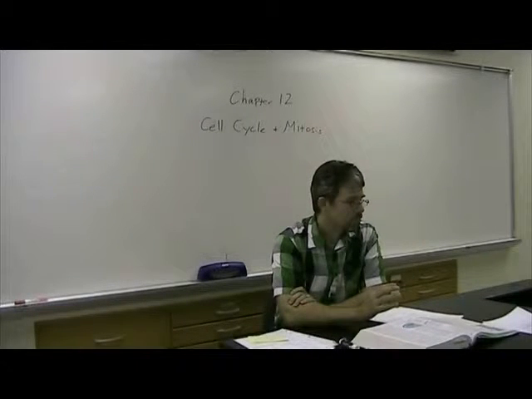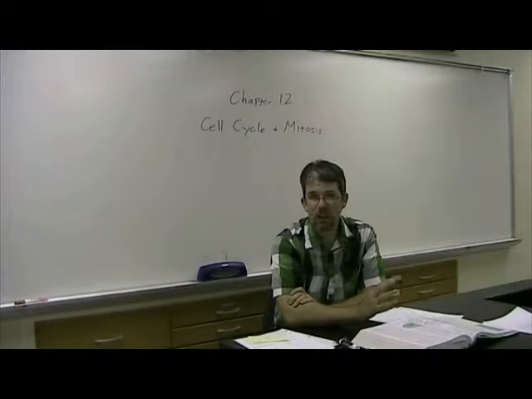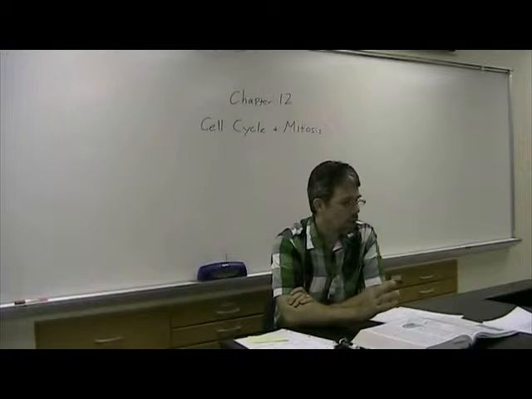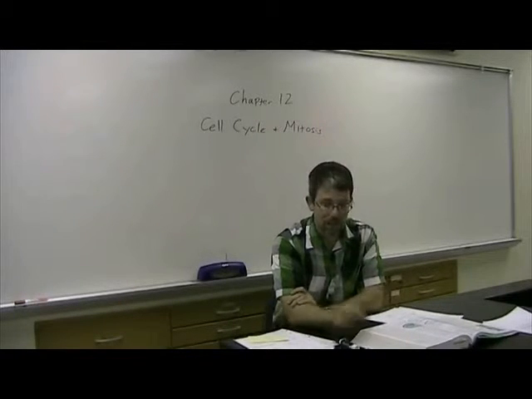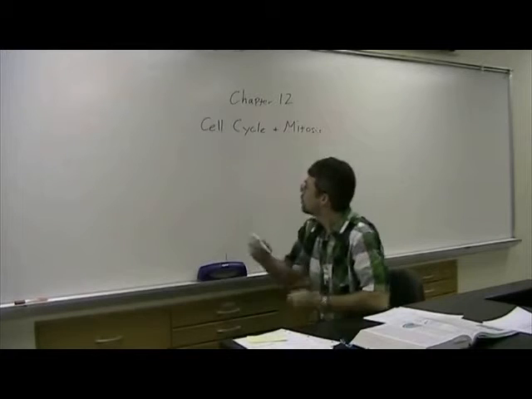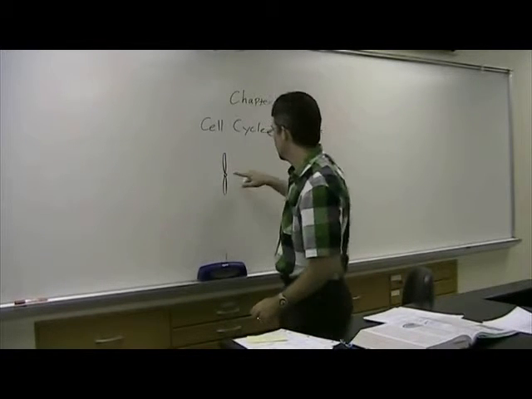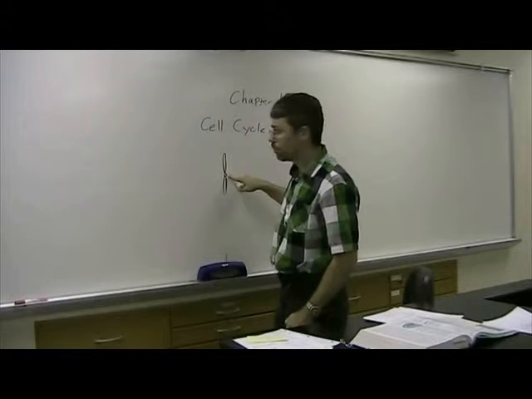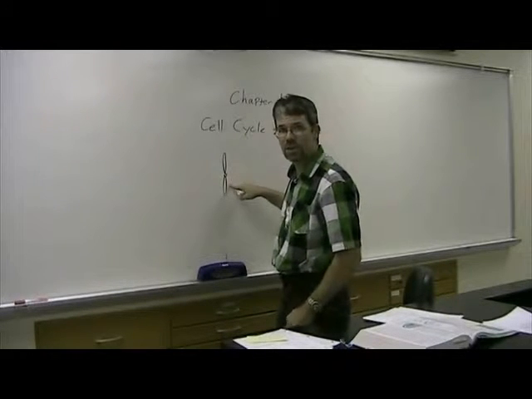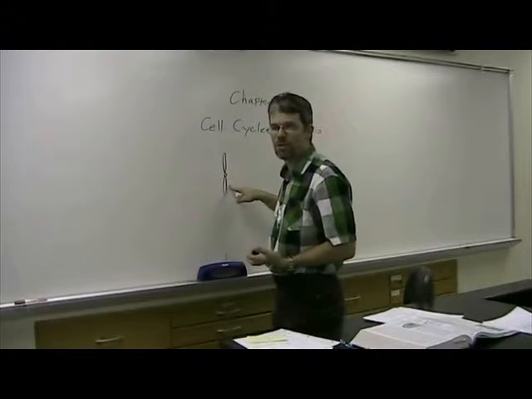Now, what you see on page 230 is the chromosome before DNA replication, and then the chromosome after DNA replication. So, what we have, that's the centromere, and these are the chromatids.